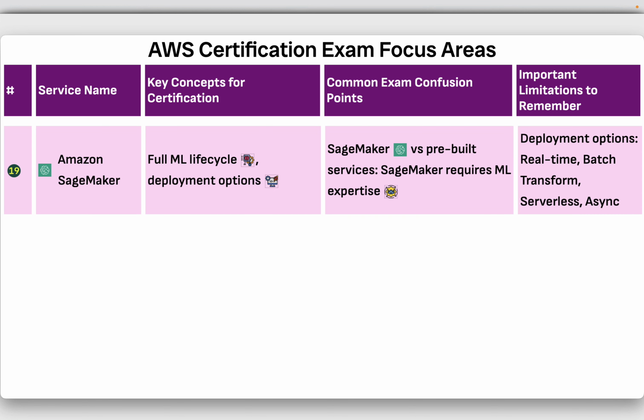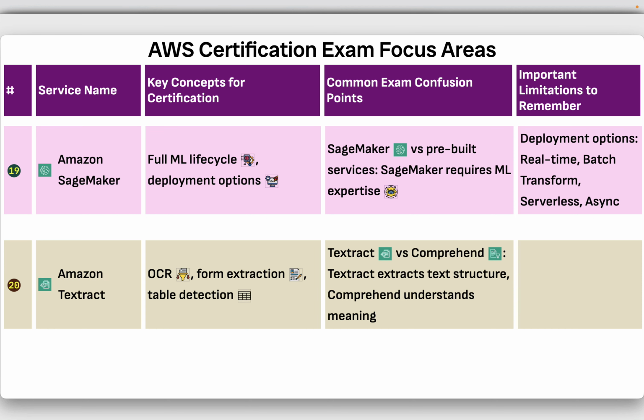Next service is Amazon SageMaker. Key concepts for certification is full machine learning lifecycle and deployment options. Common exam confusion points is that SageMaker versus pre-built services, and SageMaker requires ML expertise. Important limitations to remember is deployment options. So you have real time and batch transform, serverless as well as asynchronous.